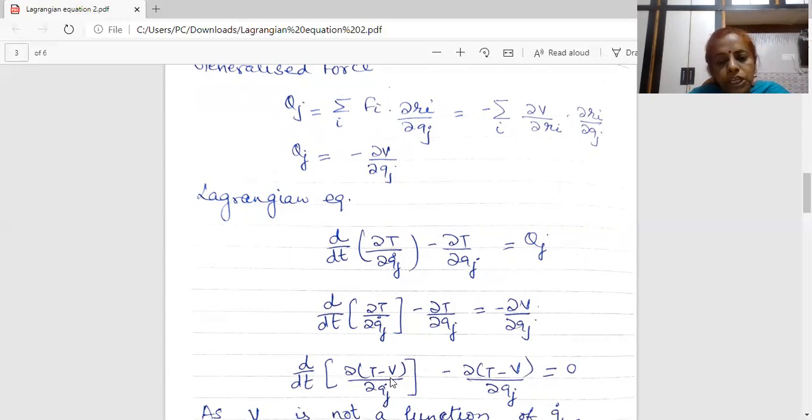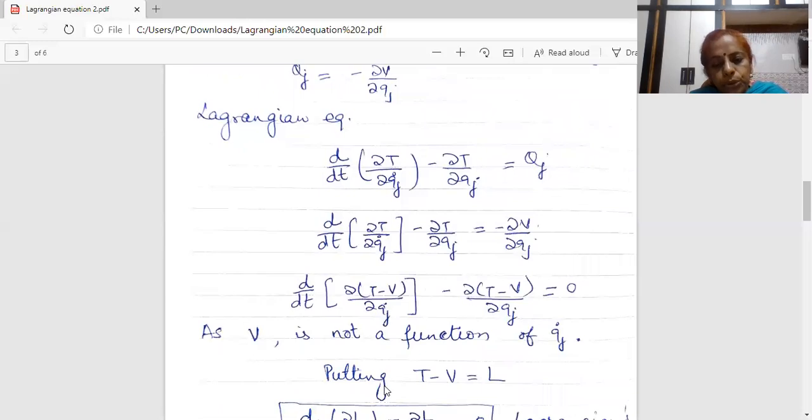That means potential energy derivative with respect to velocity, that means qj dot, will be 0. So writing this expression as, which earlier was d by dt del T by del qj dot, as del T minus V, it will create no change because del V by del qj dot is simply equal to 0.